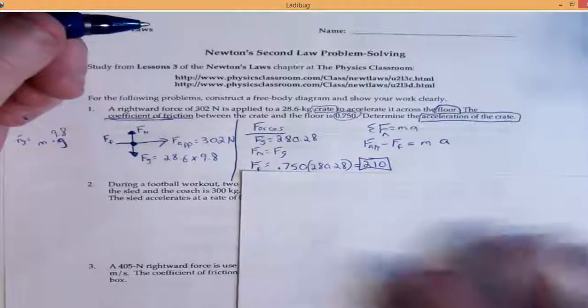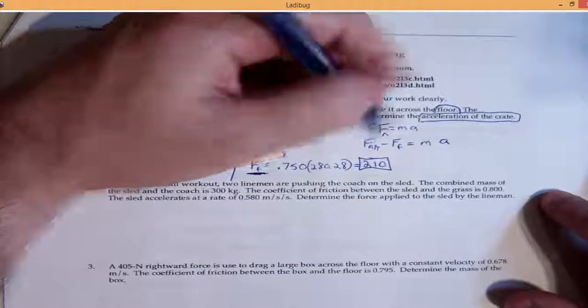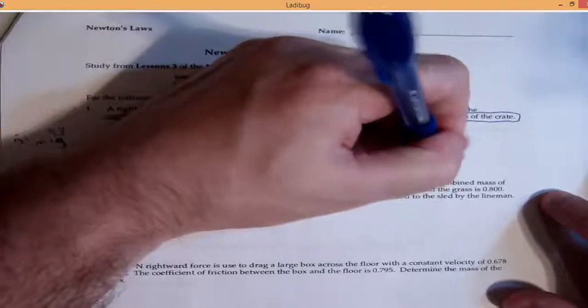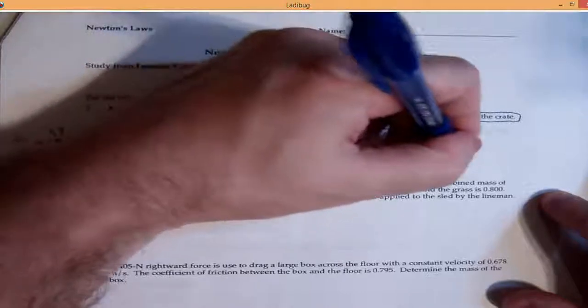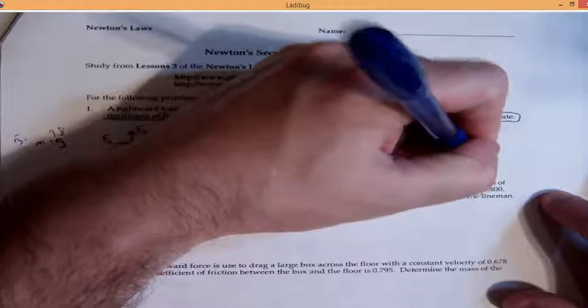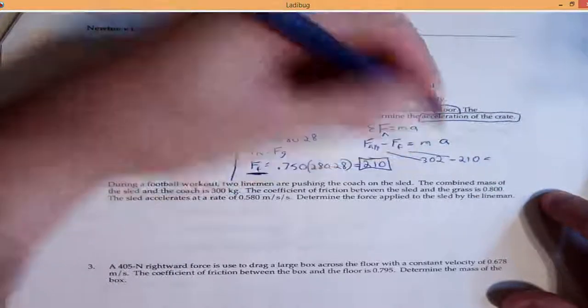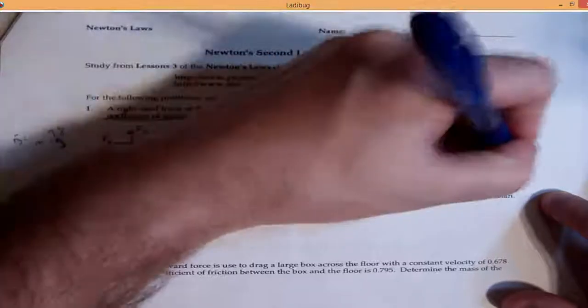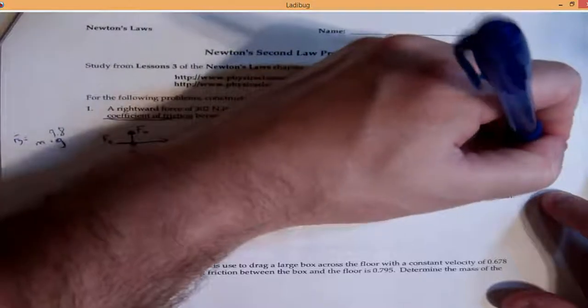So now we have everything we need to solve this problem. We have our applied force, which is 302, right there. We have our force of friction, so we're going to minus 210. We know that equals our mass, which is 28.6, times our acceleration, which is what we're trying to find.